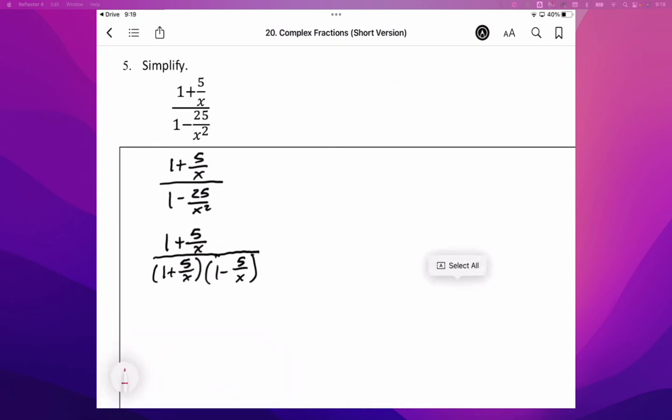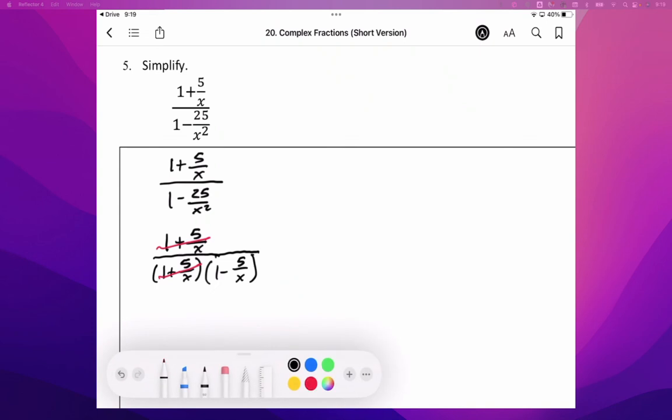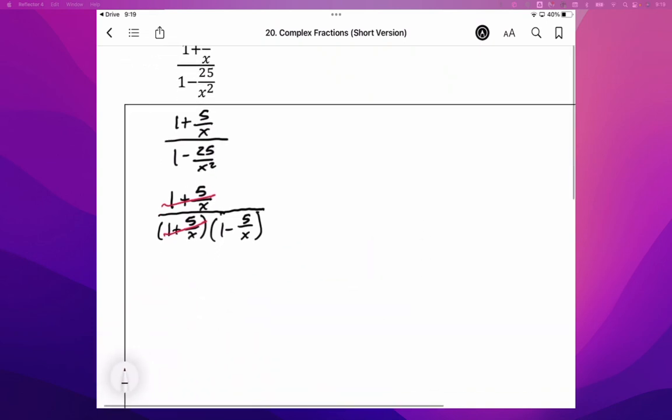So numerator and denominator, we can cancel the 1 plus 5 over x there with the 1 plus 5 over x there. And we would be left with 1 over 1 minus 5 over x. And that's an acceptable answer for me.